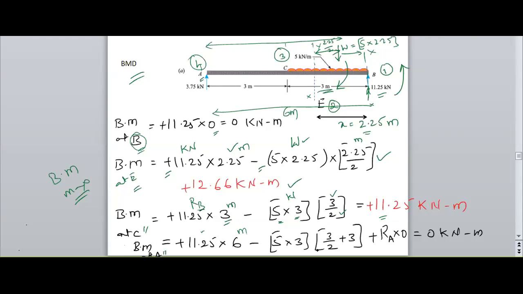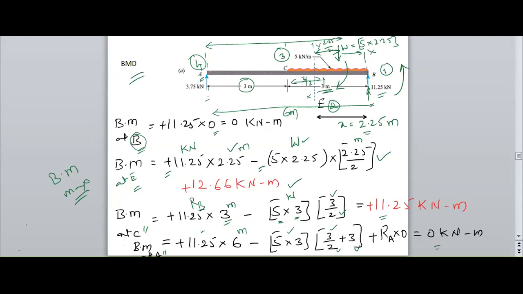It is 3 by 2, the center, and next this 3, which gives the total distance to this point load. Another point load is RA into its distance. It is passing through A, therefore the distance is 0, so I will get 0 as the bending moment.